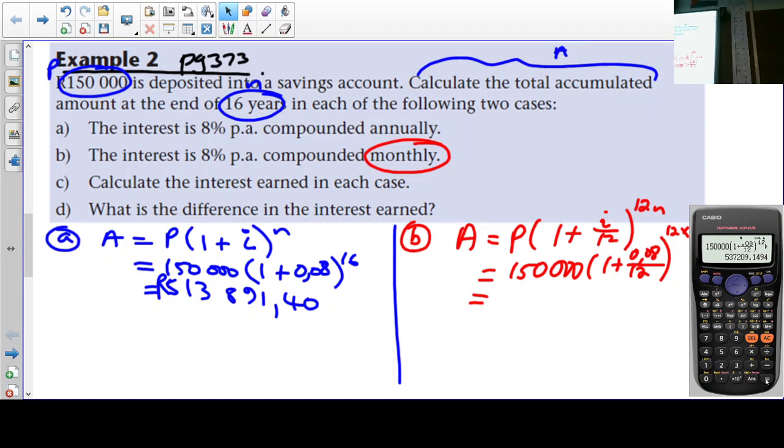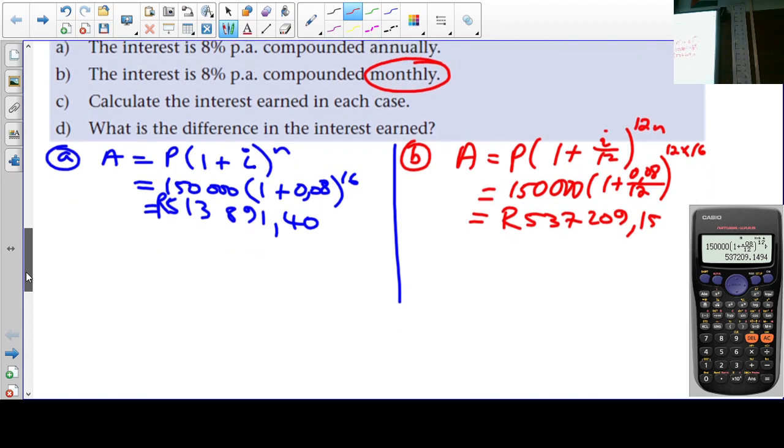So that gives us 537,209.15. Is there any confusion at this point? Any confusion? No?